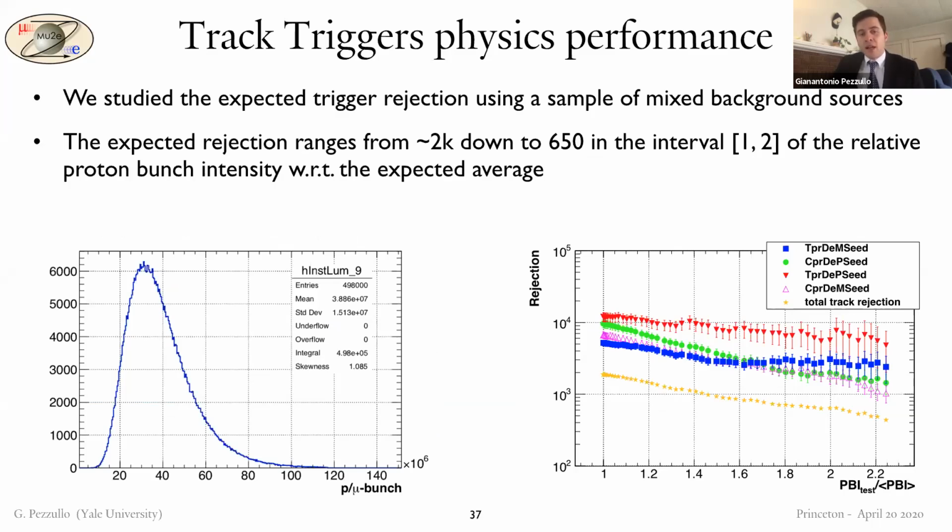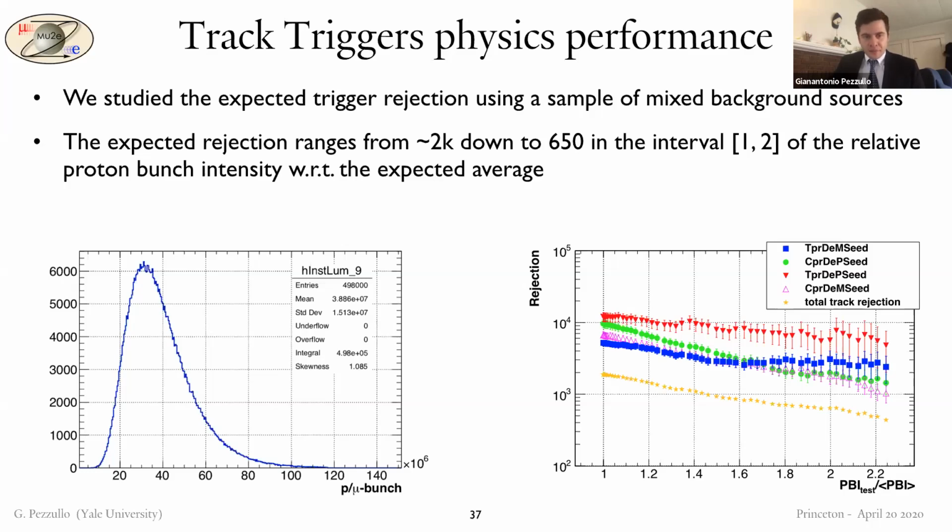The plot on the right shows how the expected rejection varies as a function of the proton bunch intensity, so essentially we evaluated the expected rejection at different working points. One is the nominal working point, where we plan to obtain something like 2000 as a rejection factor, while as a benchmark, you can take the point at 2, when the beam intensity is twice the expected one, and here the rejection is still at the level of 650, which is pretty good and above our requirement.